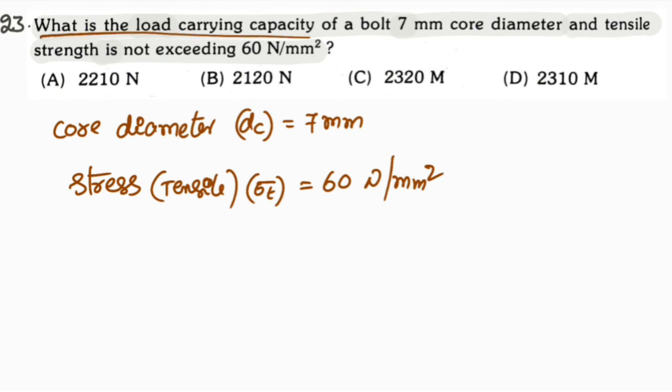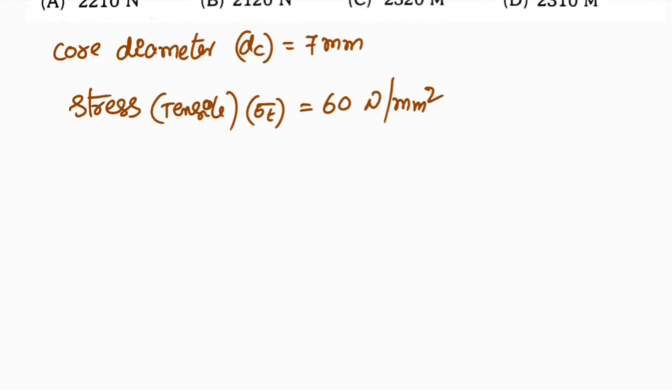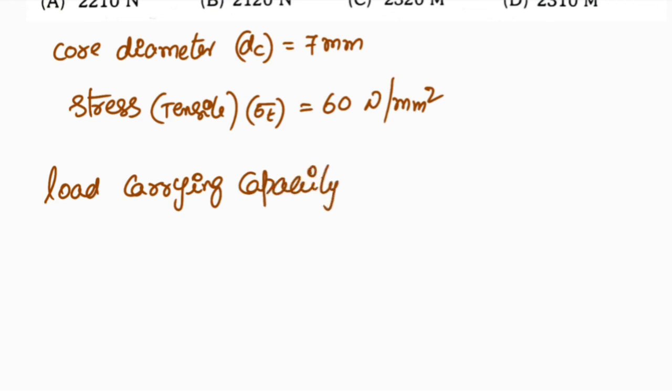You are asked to decide load carrying capacity. Load carrying capacity, that is W equal to tensile stress multiplied by core area. Tensile stress multiplied by core area, pi by 4 into DC square.